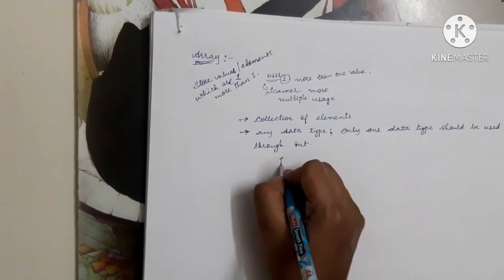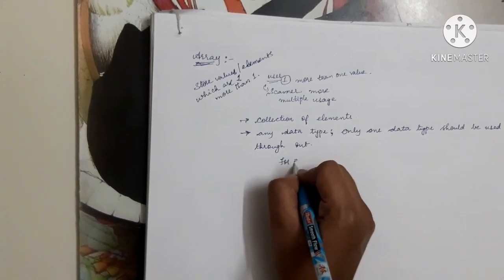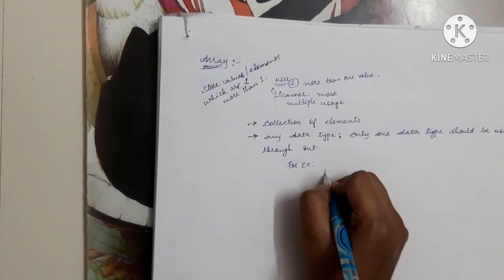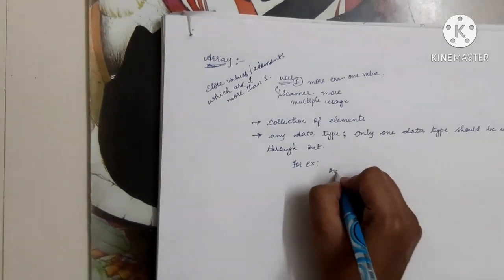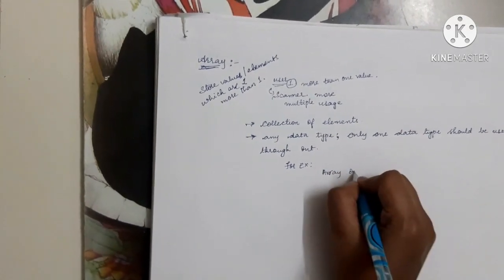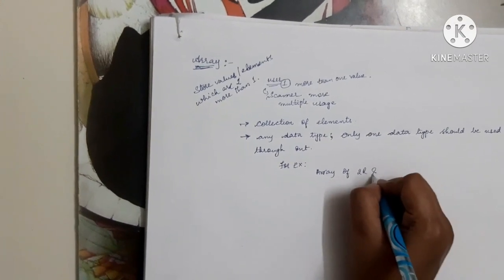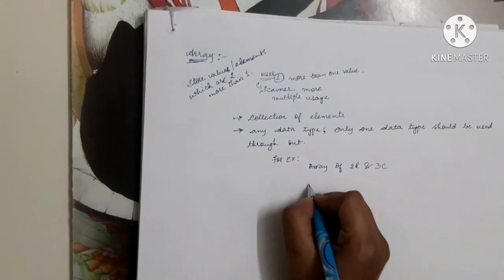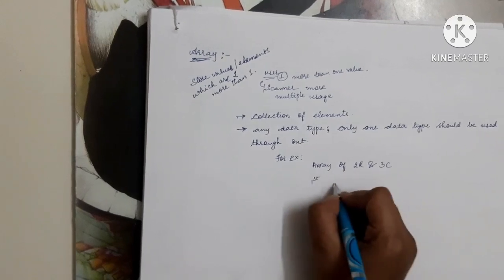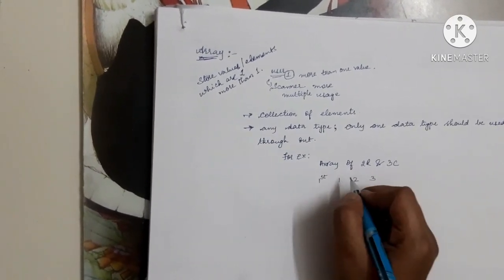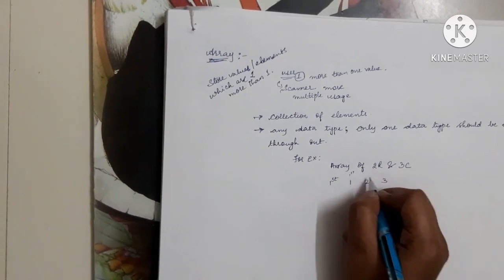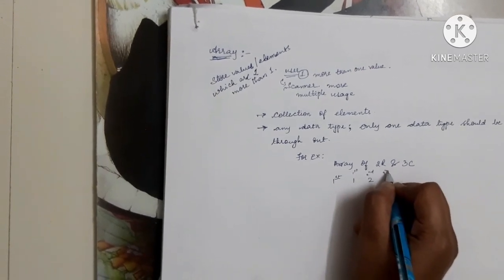So for example, I'm taking an array of 2 rows and 3 columns. In the first row, I want my data type as int, so I'll take 1, 2, 3: first column, second column and third column.